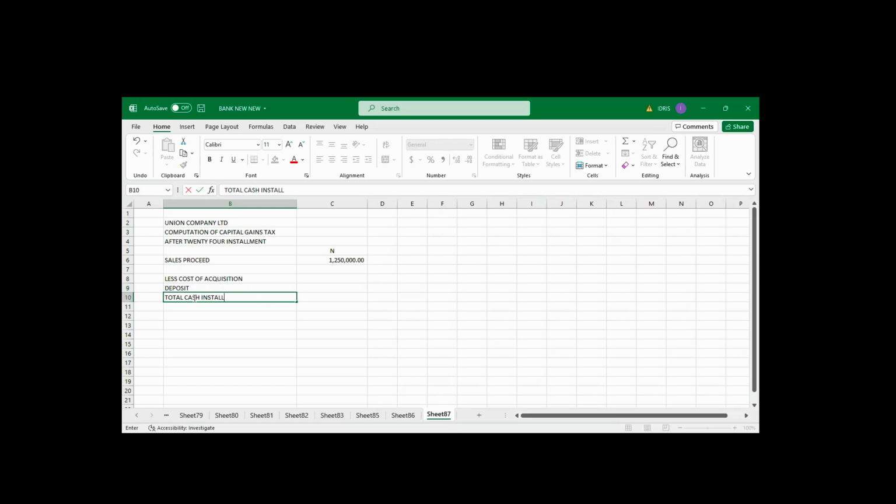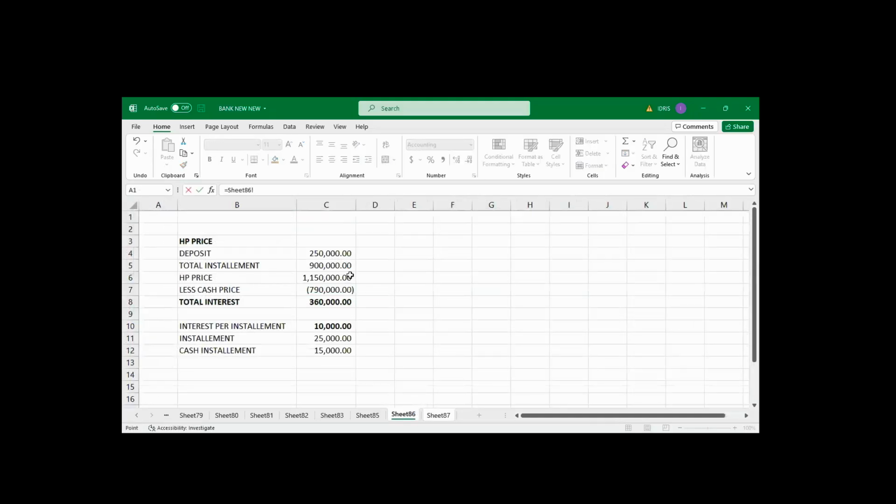You add deposit and total cash installment together. So in this question, how much is the initial deposit he paid? 250. So our initial deposit is 250.